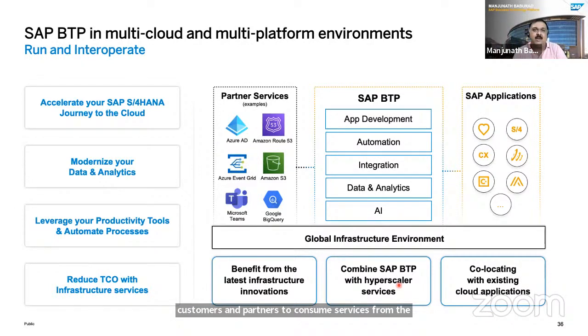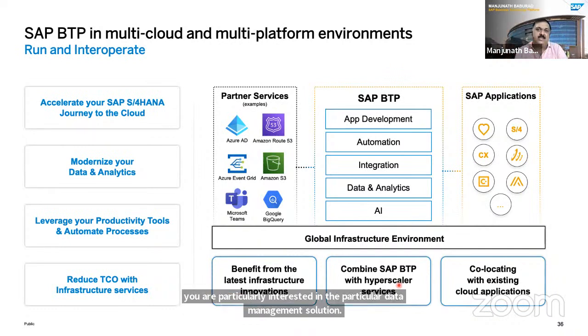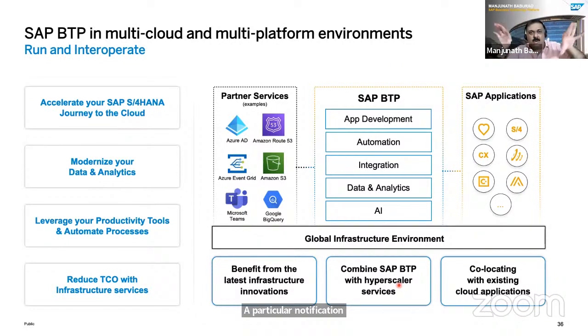If you are interested in a particular AI service, a particular data management solution, or a particular notification solution, can you utilize all of this and bring it together with the capabilities of SAP BTP and then build a solution on top? Of course, this is possible as a multi-cloud platform.